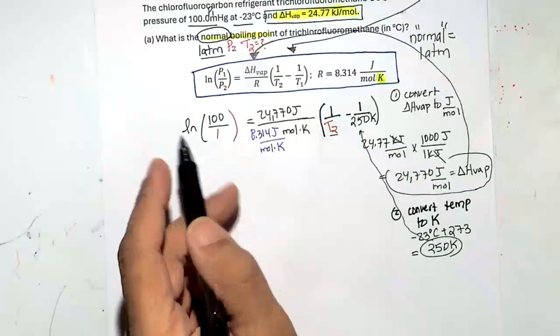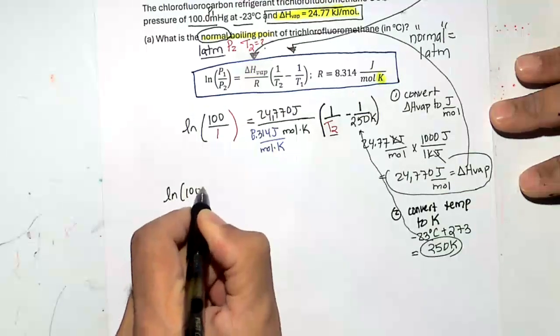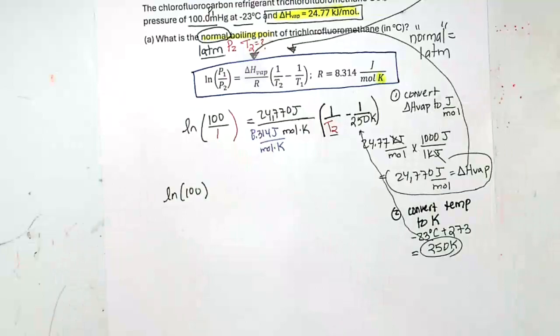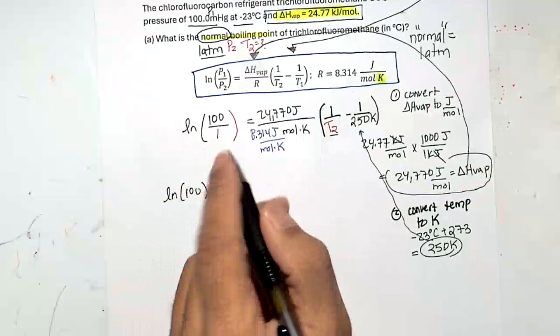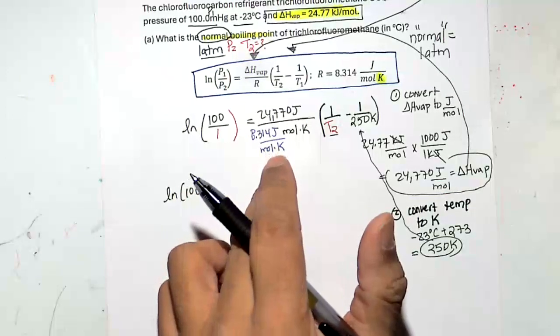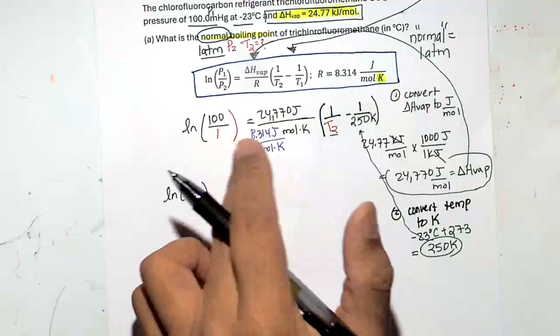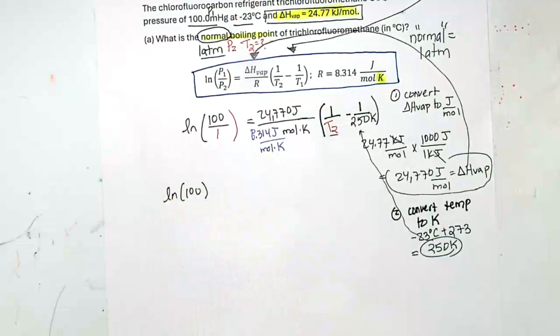What we can do is, this is the same thing as natural log of 100. And then I'm going to take this 8.314 joules over mole Kelvin, and I'm going to multiply both sides of the equation.